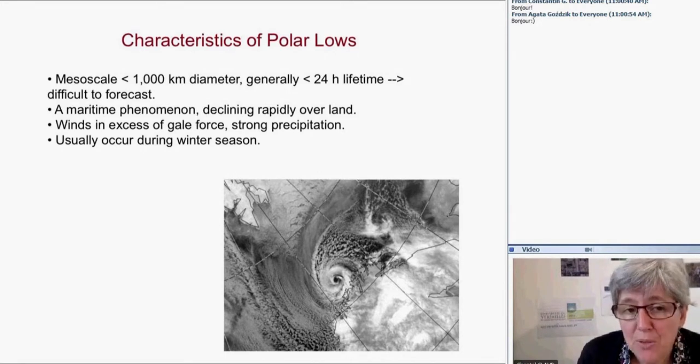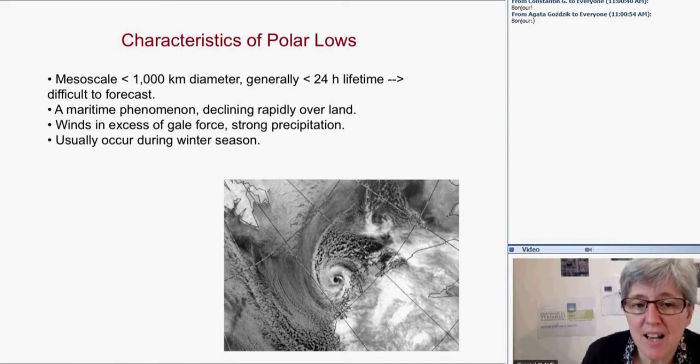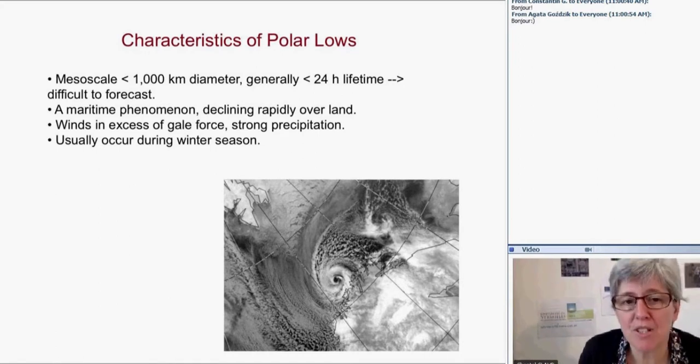An important point is that it develops over open sea, quite often at the border of sea ice, but over open sea, because it needs the fuel of the ocean to intensify. And usually when it arrives over land, it declines quite rapidly.